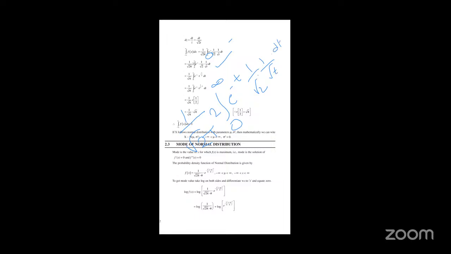The root 2 and this 2 cancel, so it becomes 1 by root pi into integration from 0 to infinity of e power minus t into t power 1 by 2 minus 1 into dt.